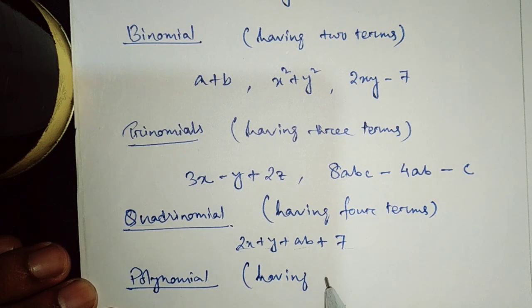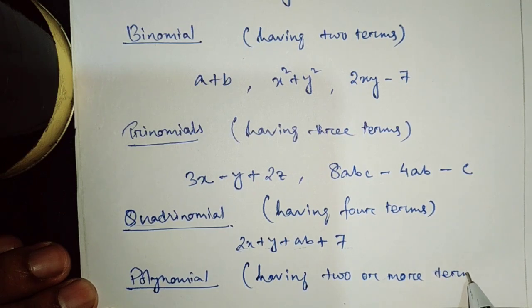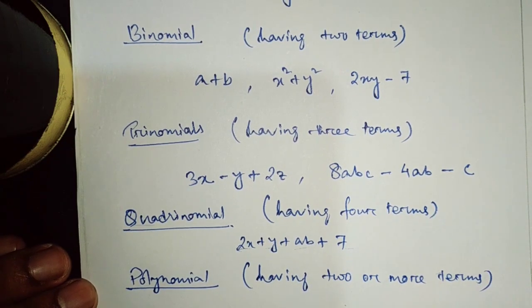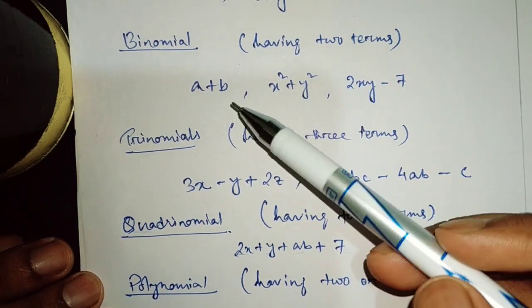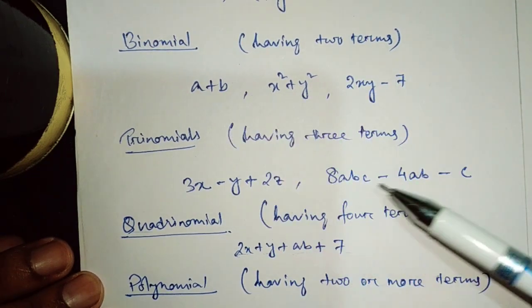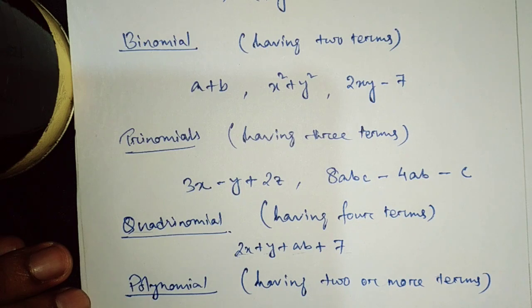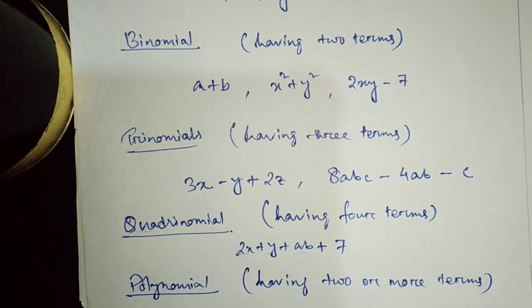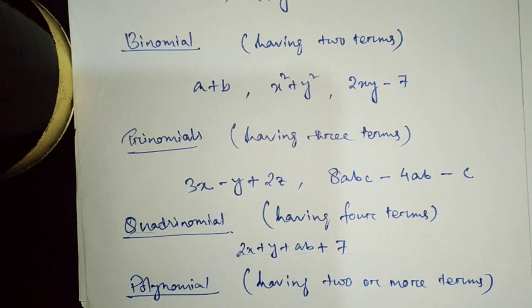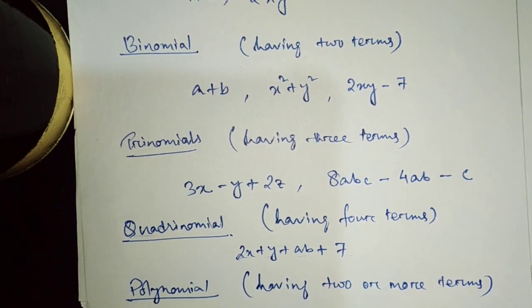Having two or more terms. And for example, you can take any from here, from here also. So that will be our polynomial. You can have as many terms as you like.